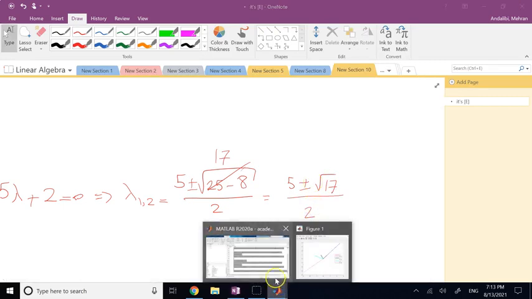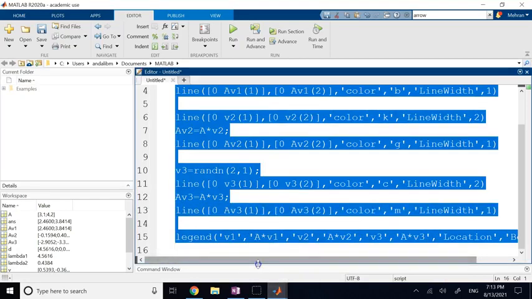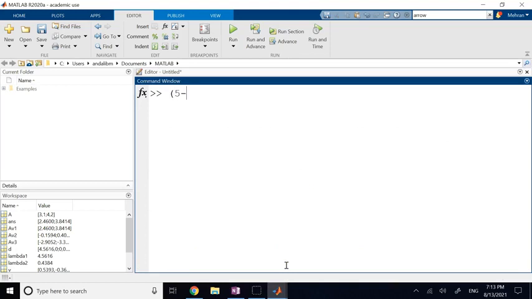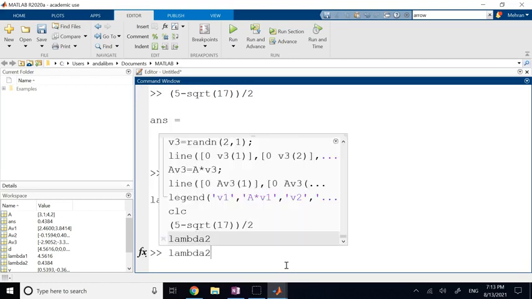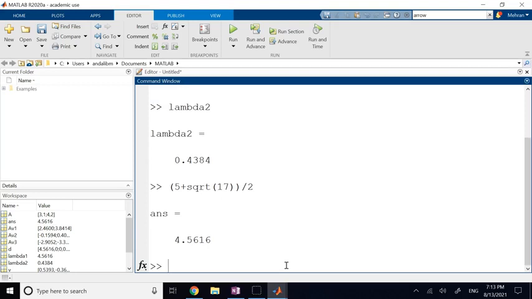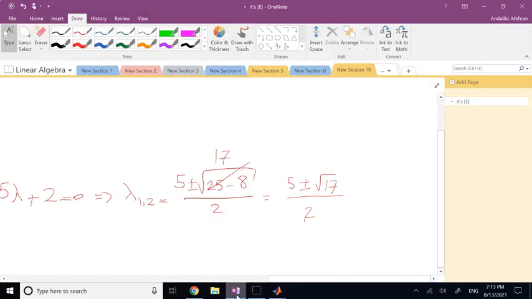And if we calculate them here, 5 minus the square root of 17, the whole thing divided by 2, that's that 0.43 that we had, lambda 2, if you remember. And if I add them together and divide by 2, that is that lambda 1 that I had. You see? So these are my lambda 1 and lambda 2, right?